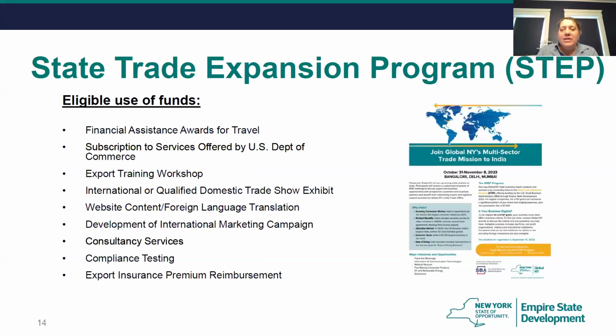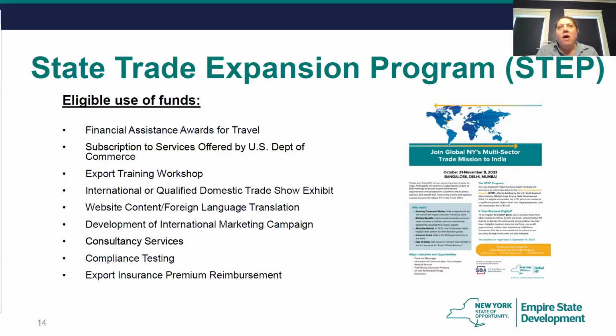So the kinds of things that you can receive reimbursement for is financial assistance awards for travel. So for example, in our EMAS service, once you have identified the potential partners you would like to work with, you could travel into that market and take advantage of an opportunity to visit their facilities, to meet them face to face, and to perhaps interact with them and be able to begin to develop a rapport.